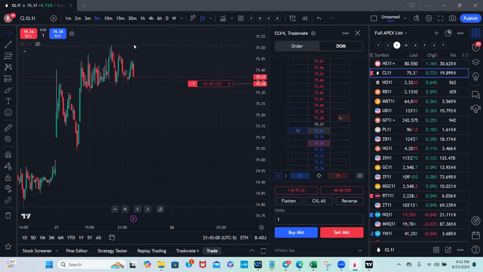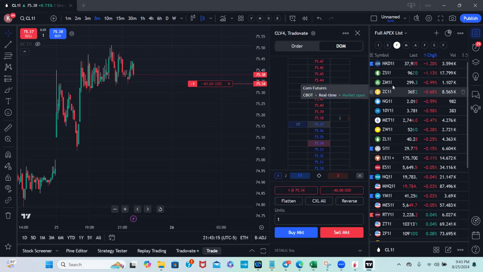Even if it goes a little bit up, it will make profits. So both heating oil and crude oil will make nice profits in some time. We made profits on both the long side and the short side with NKD, ZS, ZM.